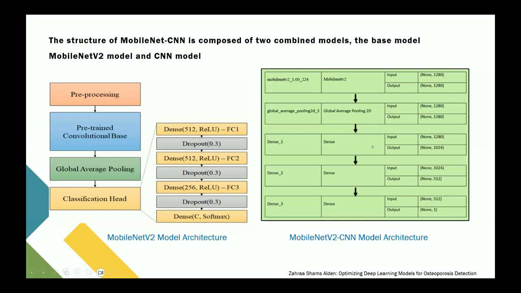Then we have several dense layers, each one further refining the learned features and reducing the dimensionality from one layer to another until we get to the last layer, which gives the probability of the output class, 0 or 1, to represent normal or osteoporosis.